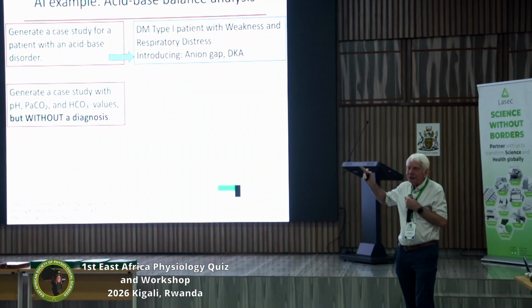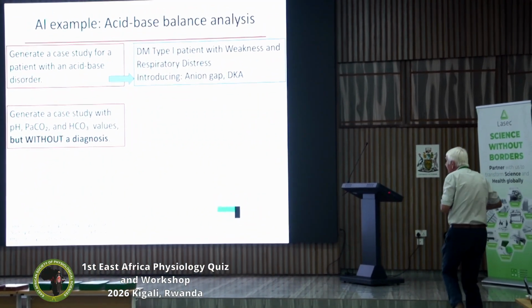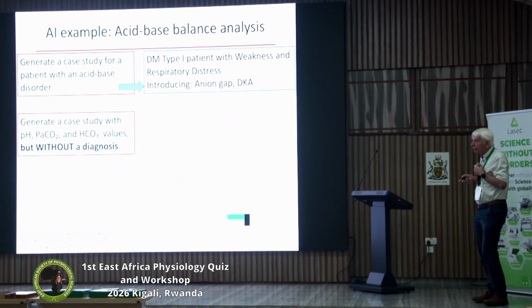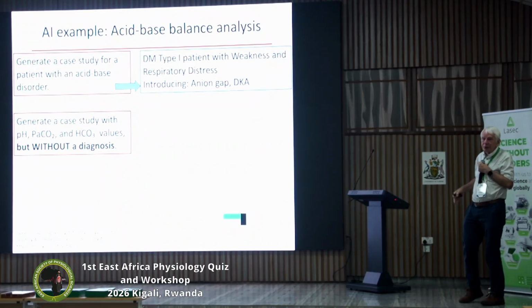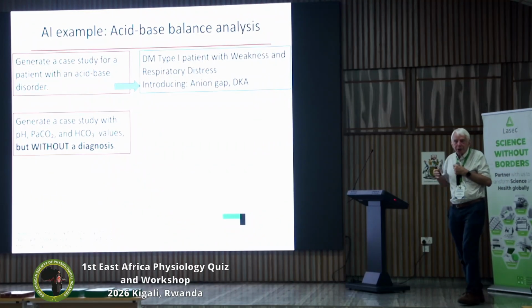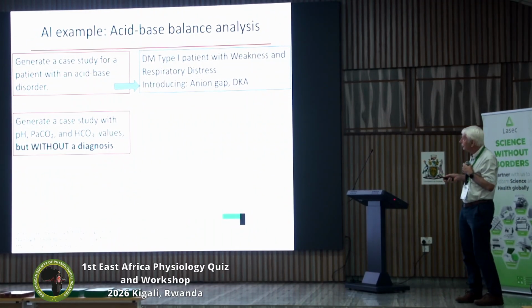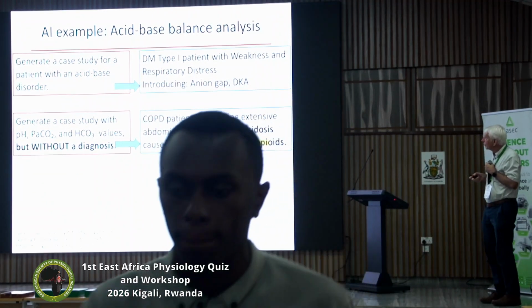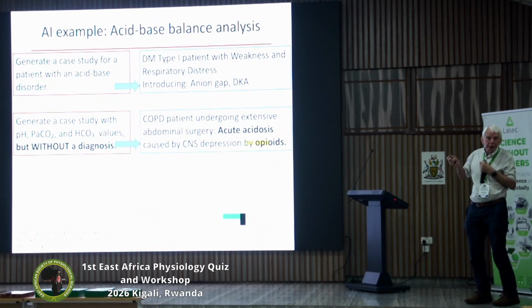Well, if you try this, you will find something like a type 1 diabetes patient with weakness and respiratory distress. Well, this is a very general case, and the authors found that for the students, you don't want to have the diagnosis at the end. So the next prompt was: generate a case study with pH values etc., without a diagnosis.